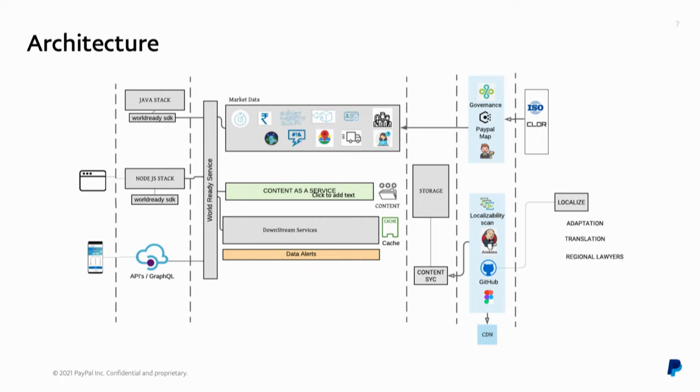Below that, there are some downstream services, value-added services. This is not just the market data and the content alone. There are other applications within PayPal which make sense to be part of market data. Some of them could be pricing. Some of them could be what products are available in a particular market.